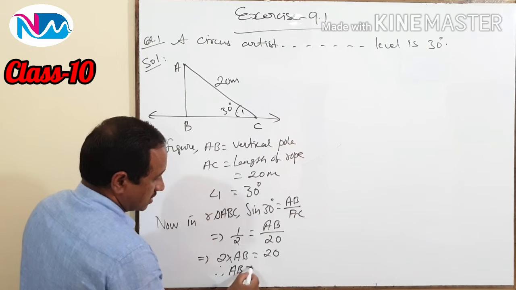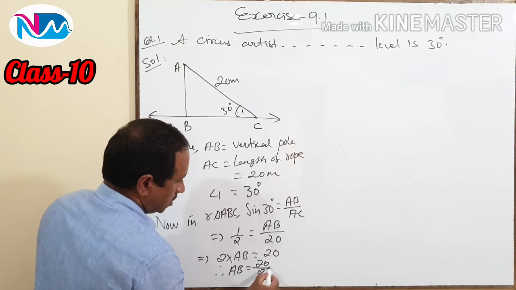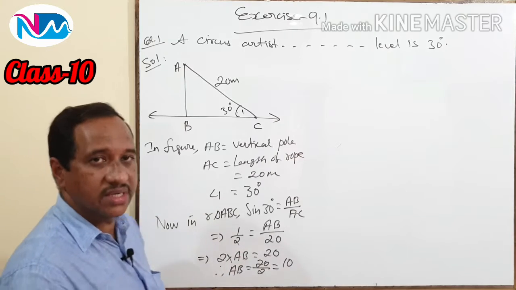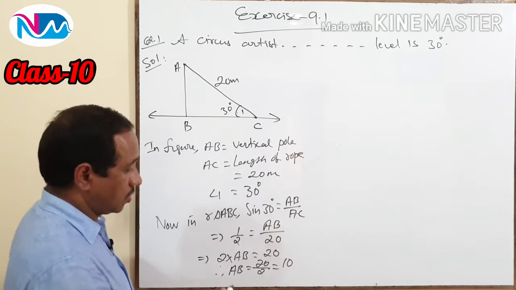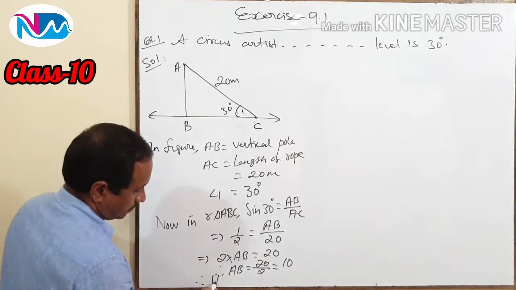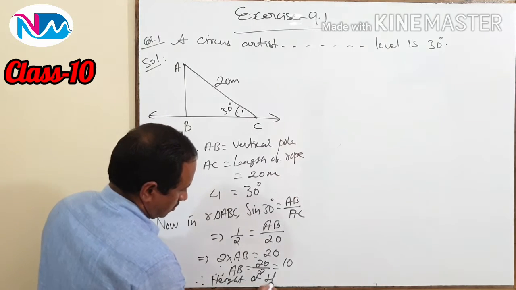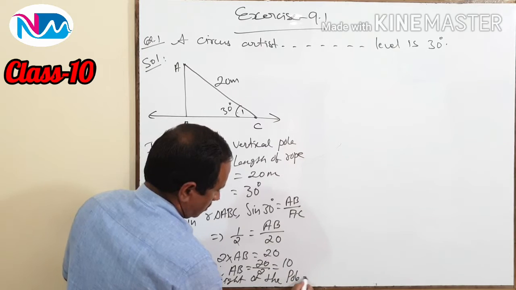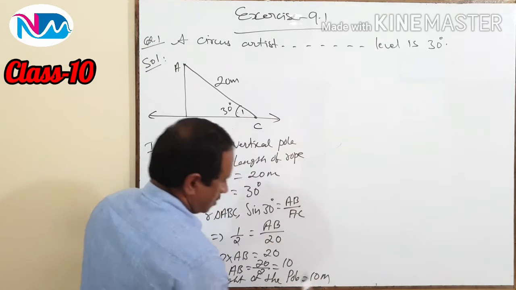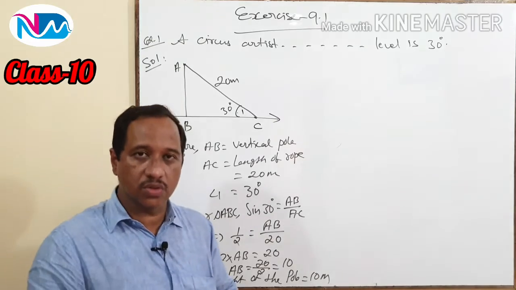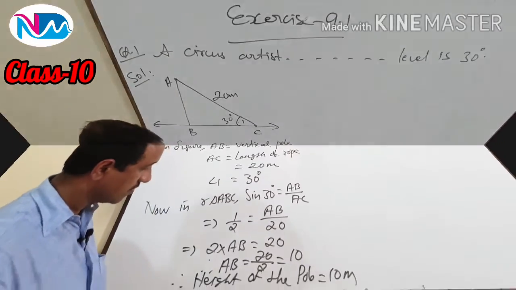Therefore, AB is equal to 20 by 2, which is 10. AB is equal to 10, that is the height of the pole. That is, height of the pole is equal to 10 meter.